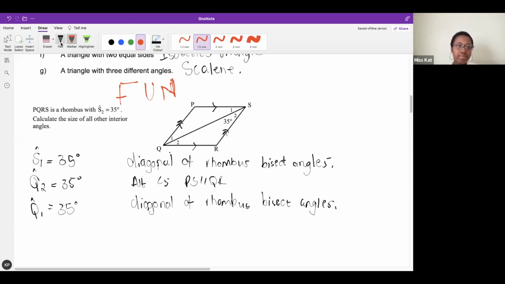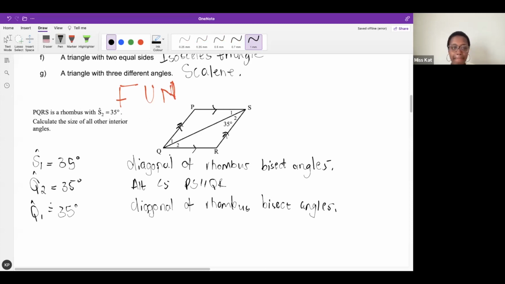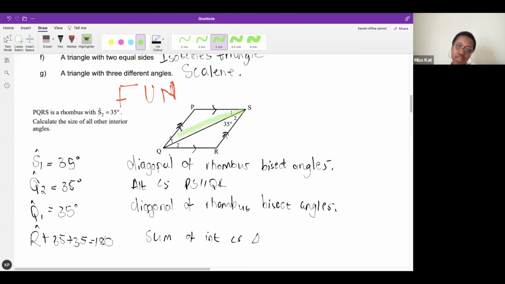Oh, Zianda did something very awesome there. Zianda says R plus 35 is 180 because it's the sum of interior angles of a triangle. Do we see that we have this triangle over here?